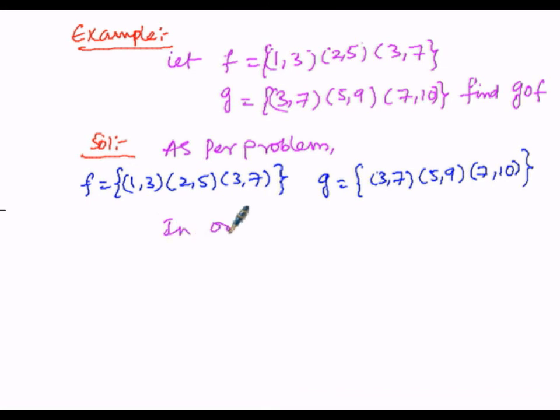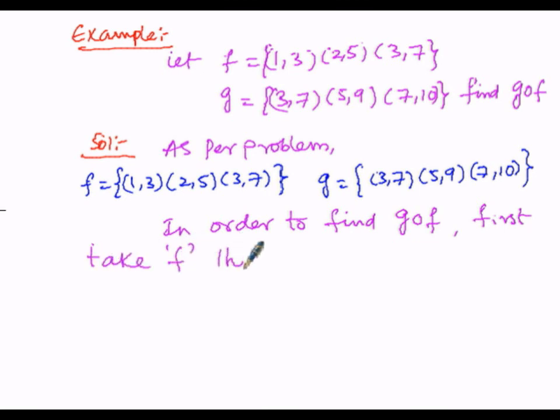In order to find g circle f, first take f then g is the condition, whereas vice versa, to find f of g, first we take g then later f.